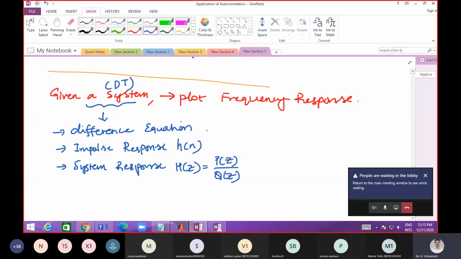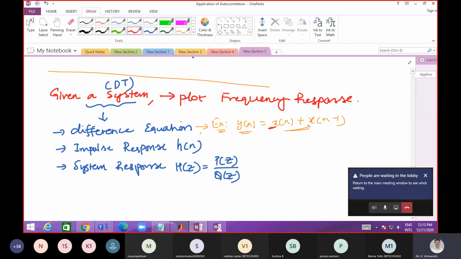Difference equations can be of various forms. An example is y of n equal to x of n plus x of n minus 1.